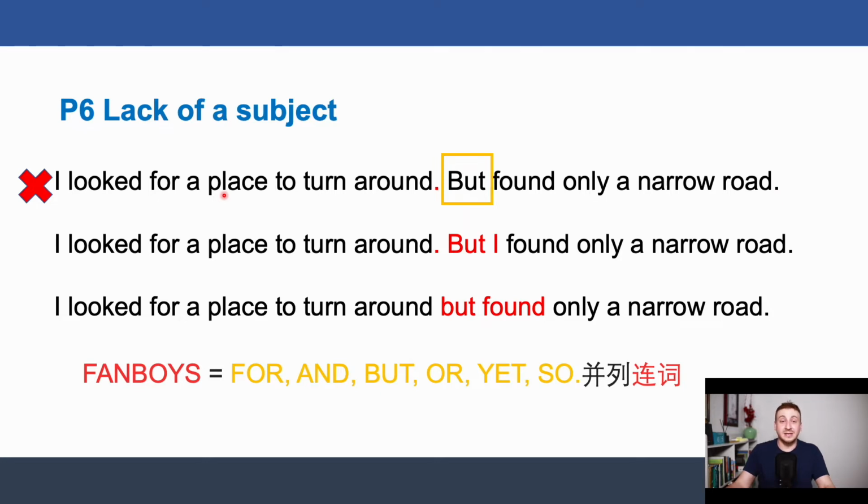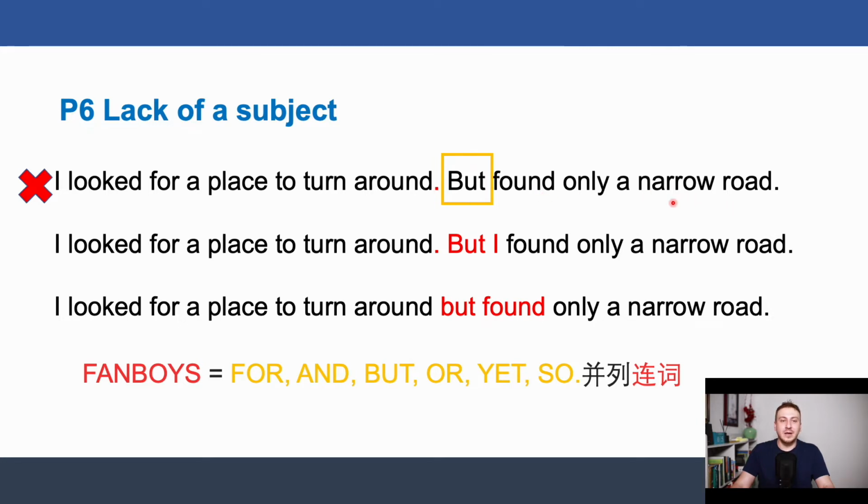It is acceptable, right? And that is because we don't really see the full stop. But in writing, if we have a full stop here, then the second sentence must have a subject.